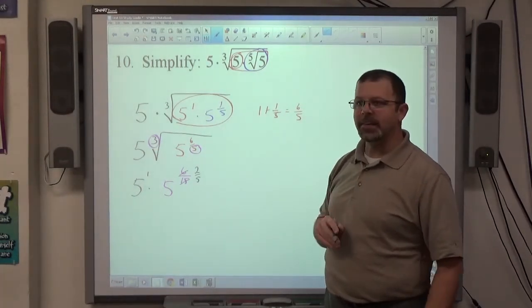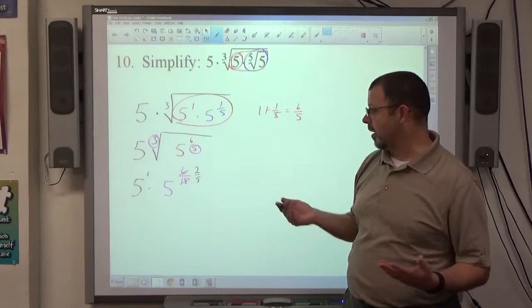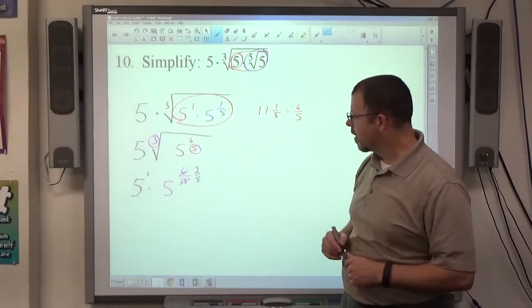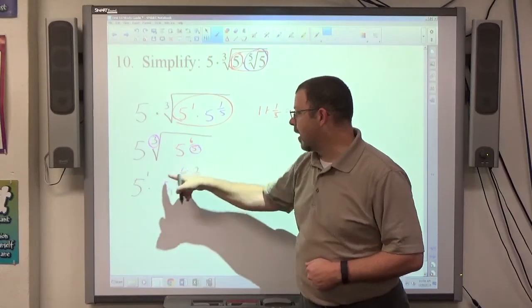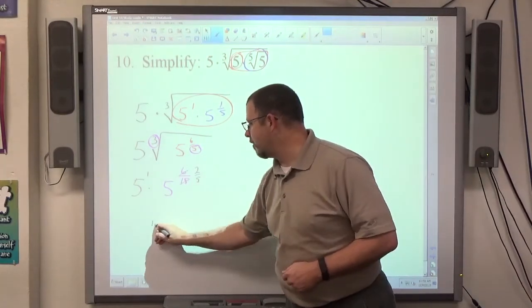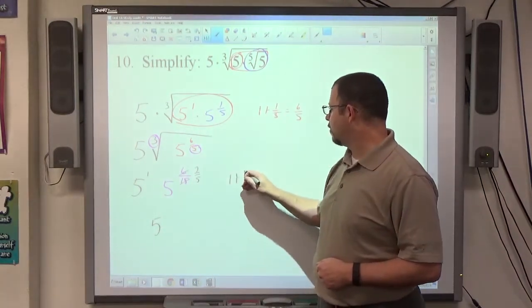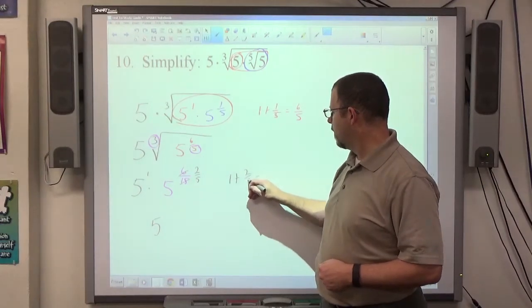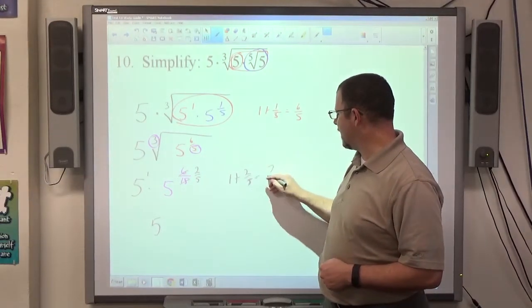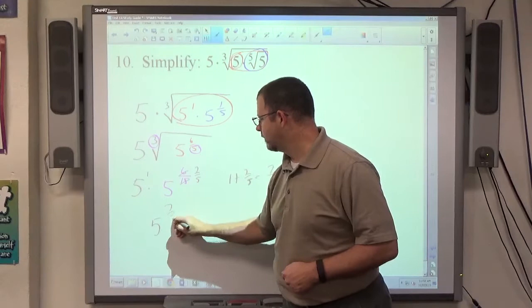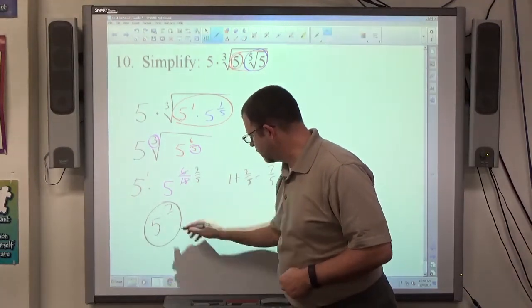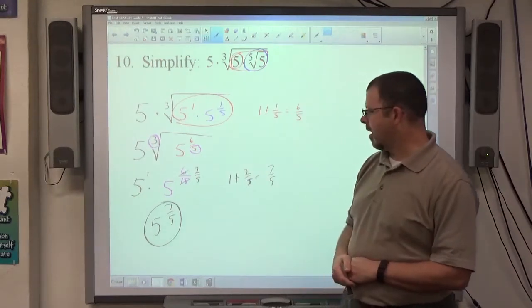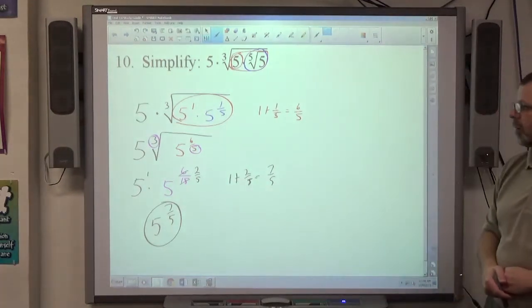If you didn't see that, you'd still get a right answer that's unreduced, but you can make numbers small, so it's worth doing. I'm going to multiply these 5s the same way I multiply these 5s. I'm going to add the powers together. So I'm going to get 5. If I do 1 plus 2/5, that's 5/5 plus 2/5 makes 7/5. So 5 to the 7/5 power is the correct answer.